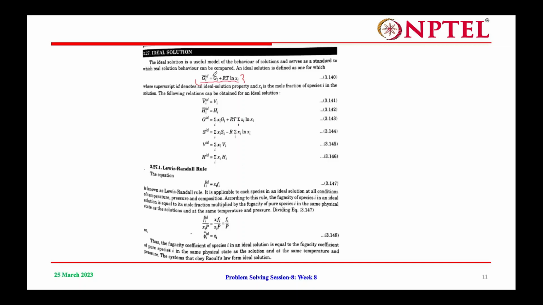This is for the ideal solution, meaning mostly the liquid solution. For gas mixtures, G_i^IG equals G_i plus RT ln y_i. So here y_i denotes the gas mixture, and x_i denotes the liquid mixture.